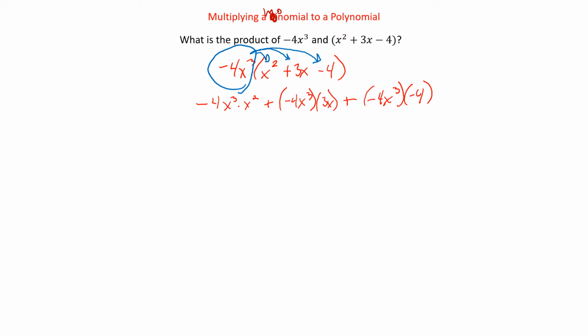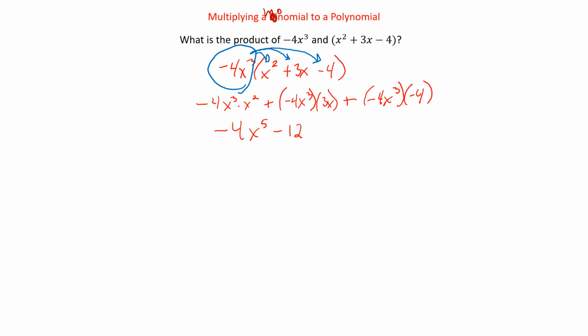So now if we multiply this, remember when we multiply variables, we add the exponents. So negative 4 times x cubed times x squared is going to be negative 4x to the 5th. And then negative 4x cubed times 3x, multiply the numbers, negative 4 times 3, it's negative 12.